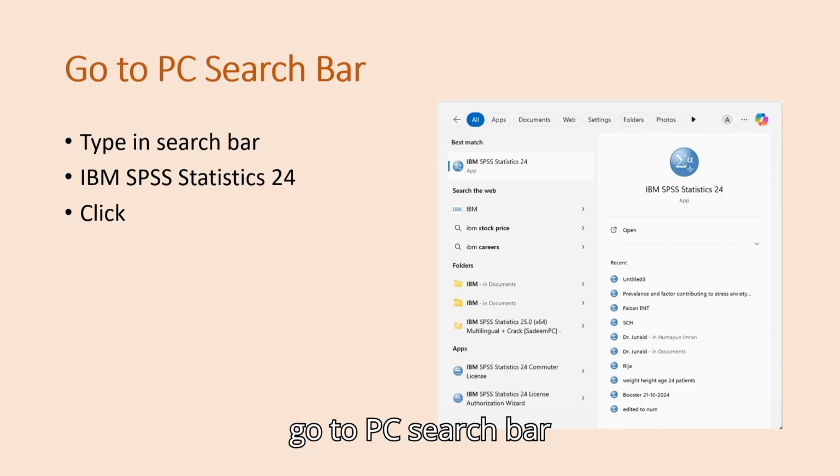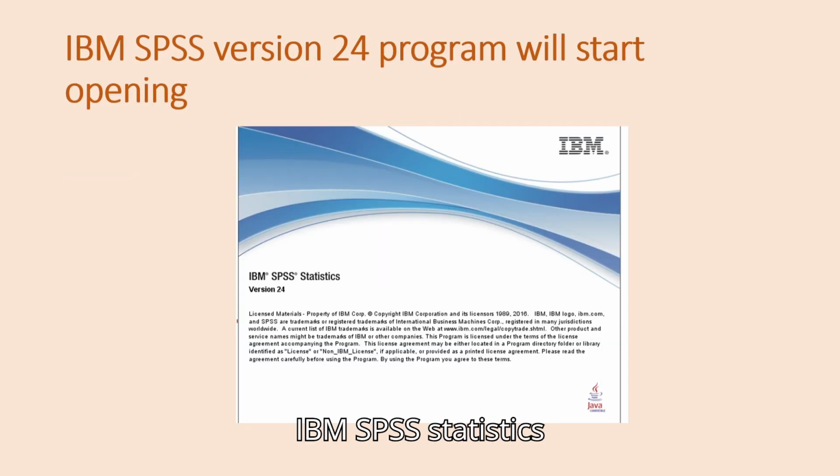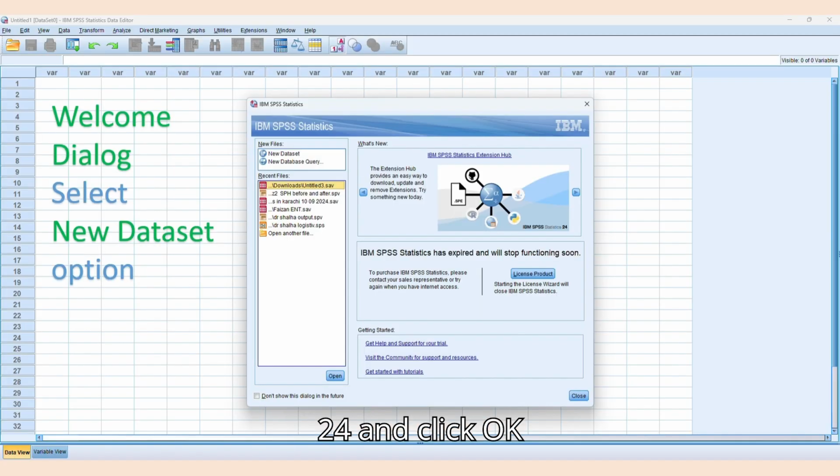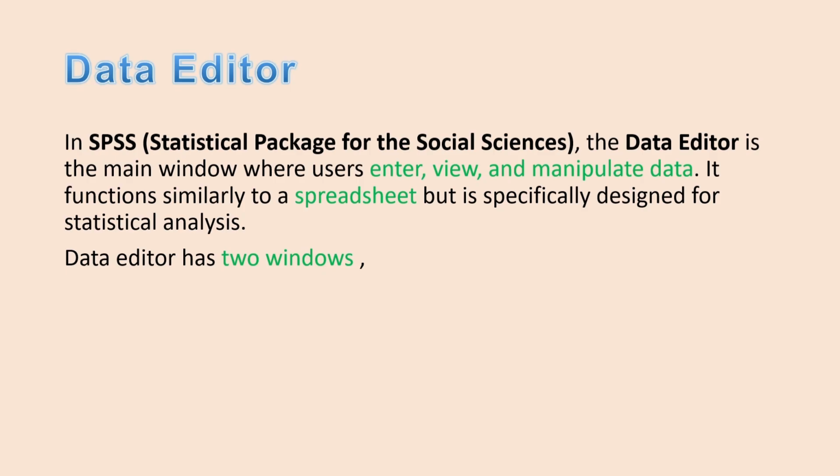Go to the PC search bar and type IBM SPSS Statistics 24 and click OK. The IBM SPSS version 24 program will start. In the first welcome dialog box, select the new dataset option. Data editor.